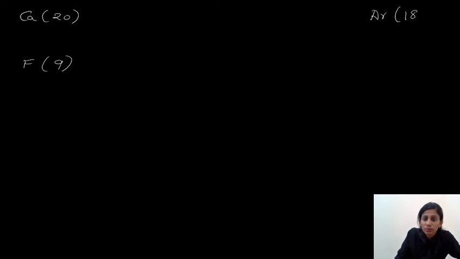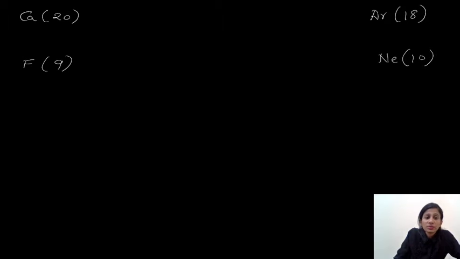So let's see the formation of calcium fluoride. As you know, calcium has an atomic number of 20 and fluorine has atomic number 9. If you see the periodic table and look at the group 18 elements, the nearest noble gas for calcium is argon, whose atomic number is 18, and the nearest noble gas for fluorine is neon, whose atomic number is 10.